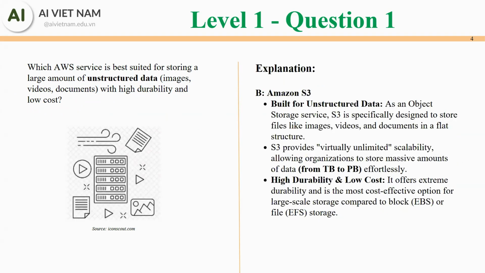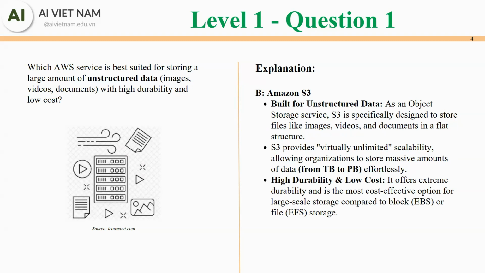Amazon S3 is specifically built for unstructured data. As an object storage service, S3 is specifically designed to store files like images, videos, and documents in a flat structure. Moreover, it provides virtually unlimited scalability, which allows organizations to store massive amounts of data effortlessly.